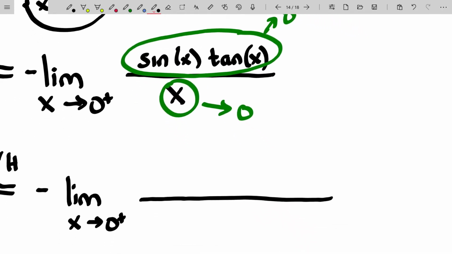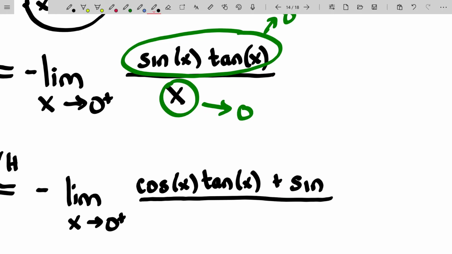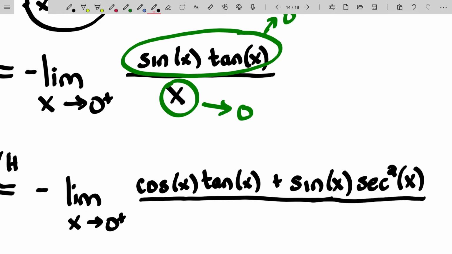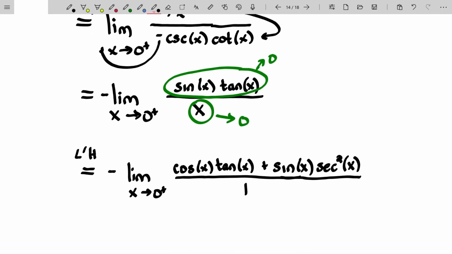I can totally do that. The product rule, I'll get a cosine of x times the tangent of x plus the sine of x times the derivative of the tangent, which is the secant squared of x. And this is all over the derivative of the denominator, which is 1. Not really terrible, is it?